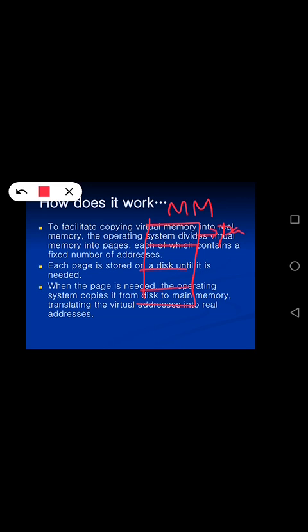This is called page 1, page 2, page 3, and page 4.